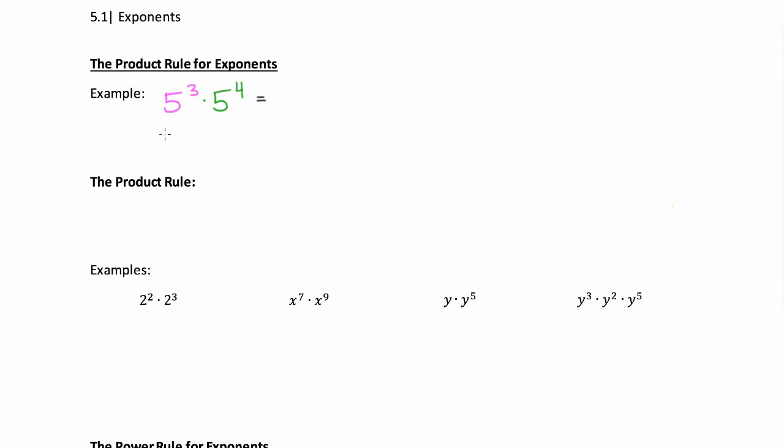So 5 to the 3rd power, that is 5 times 5 times 5. And now that is being multiplied by 5 to the 4th power, so 5 times 5 times 5 times 5. What we're asking here when I multiply these things is, how many total factors of 5 are there?